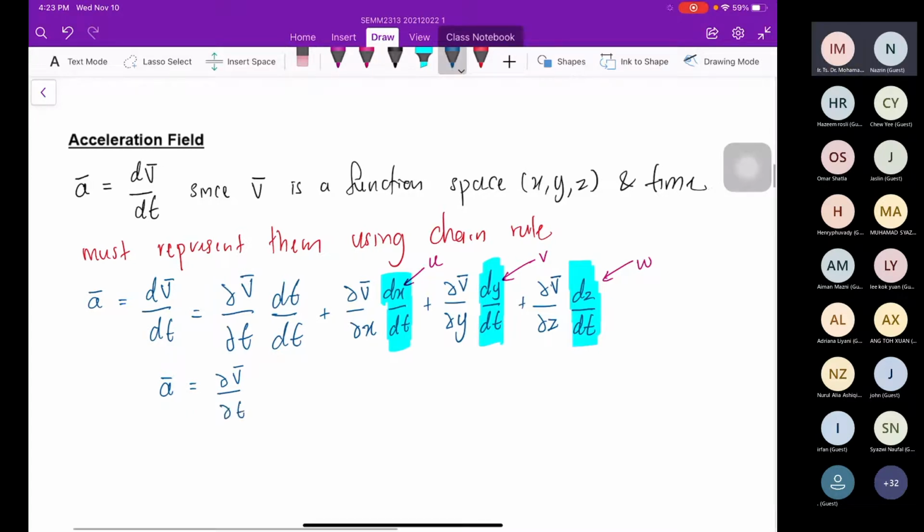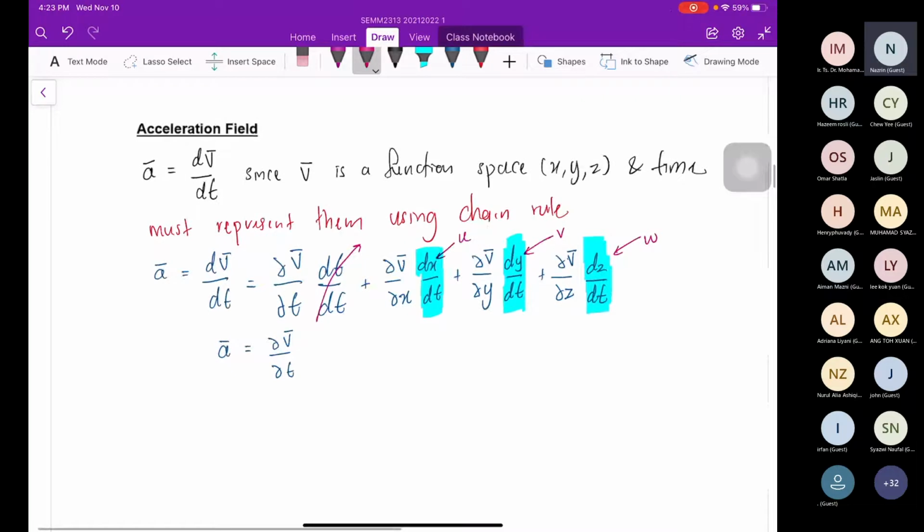This is cancelled out, nothing, because we want to show you only. Plus u, this is u, move in front, then v, and finally w.